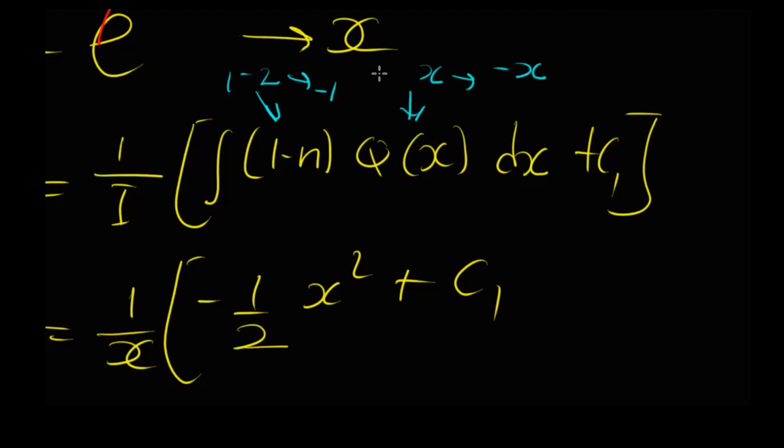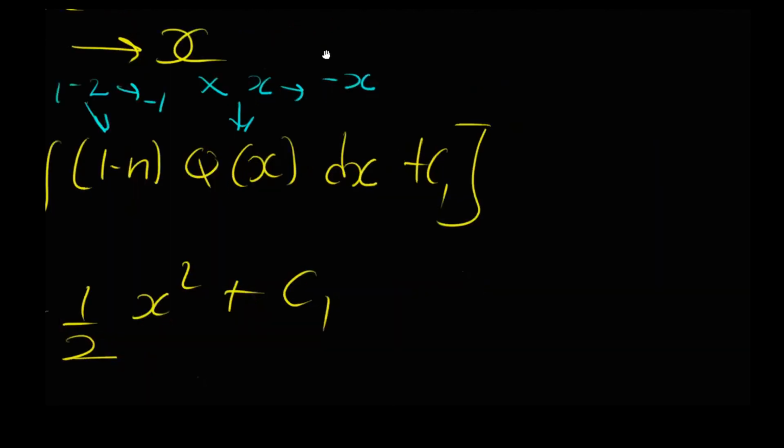And the integration of this, you are going to add 1, so it will be 1 plus 1 divided by 1 plus 1, which is 2. That is equal to x squared divided by 2, so it's half. So minus half, you take it to the front.